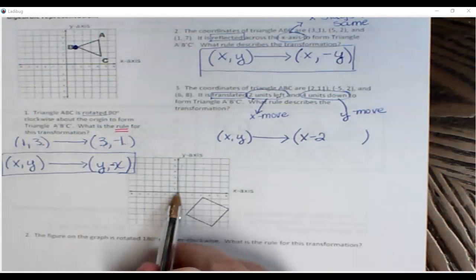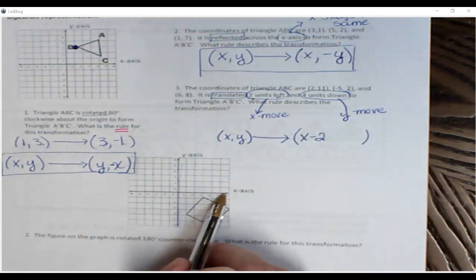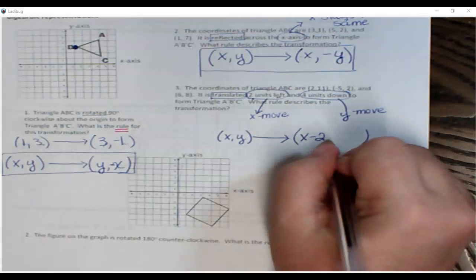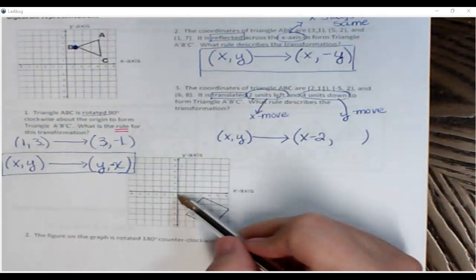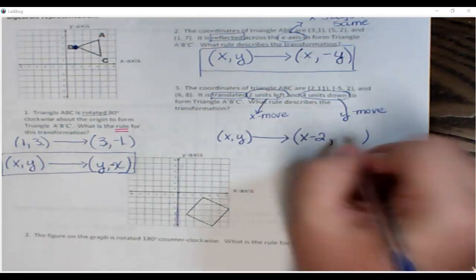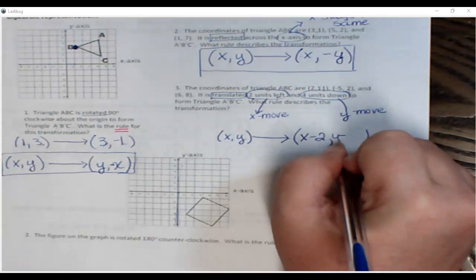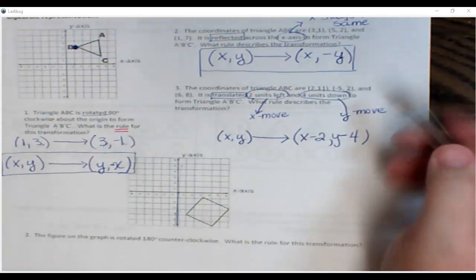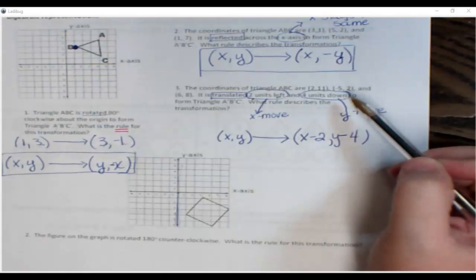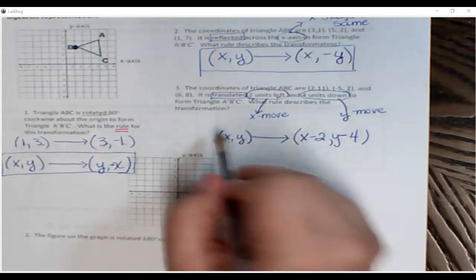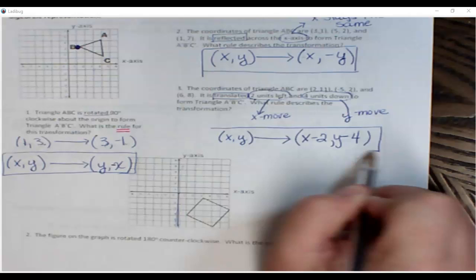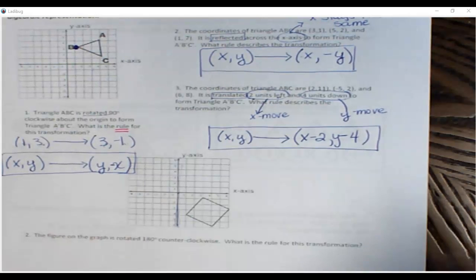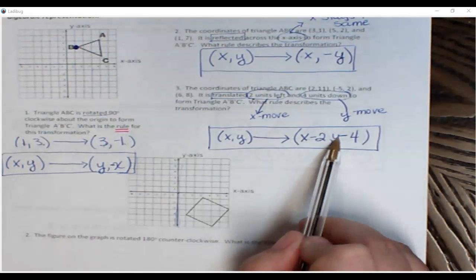If it was to the right, that would be going to the positive on the x-axis. 4 units down, down is negative, so it would be y minus 4. If we were moving up, then it would be y plus 4. So again, there is my rule: x minus 2, y minus 4.